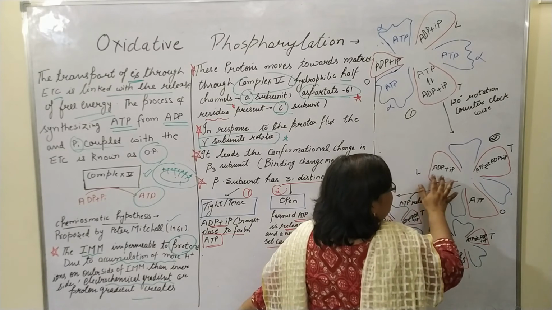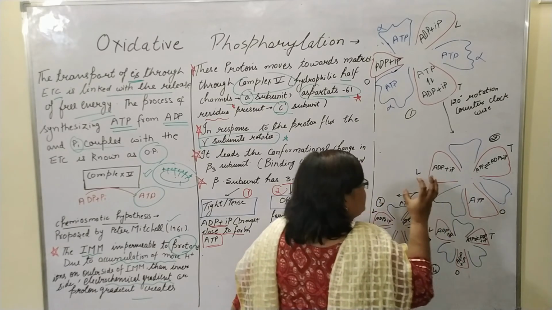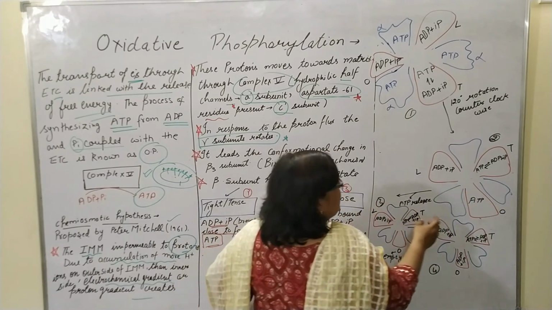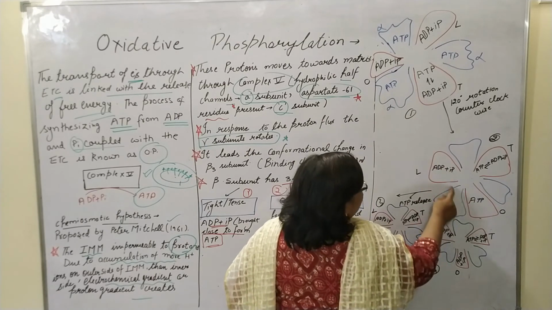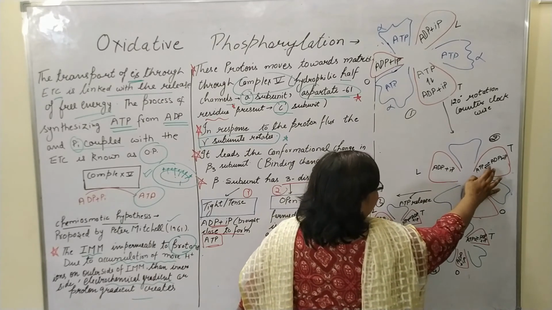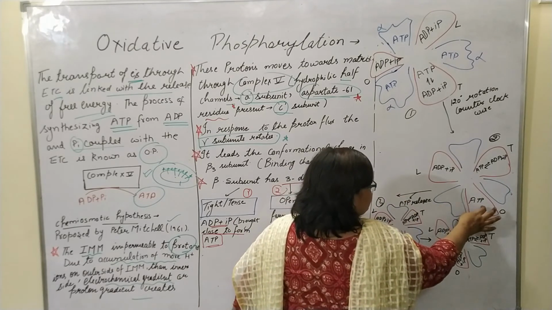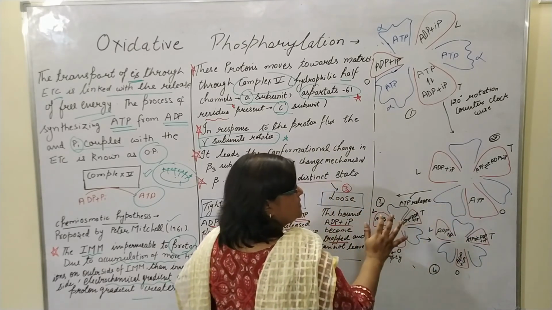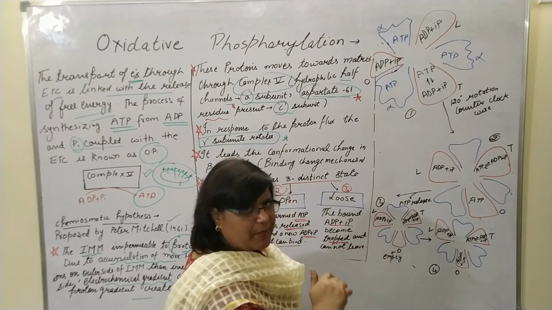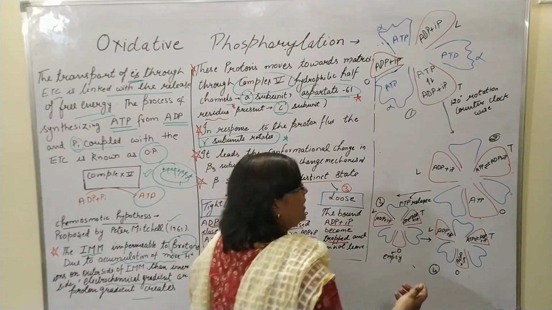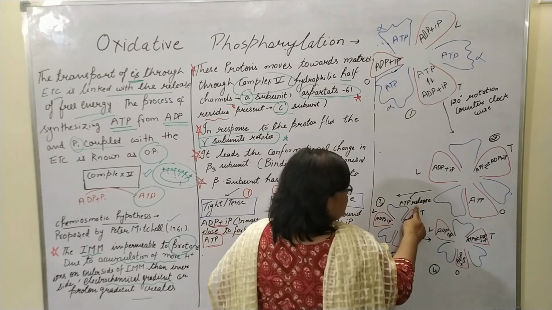In the loose state, the ADP and inorganic phosphate are just trapped, and in the open state, the ATP formation takes place, and as the ATP is formed, it is released.